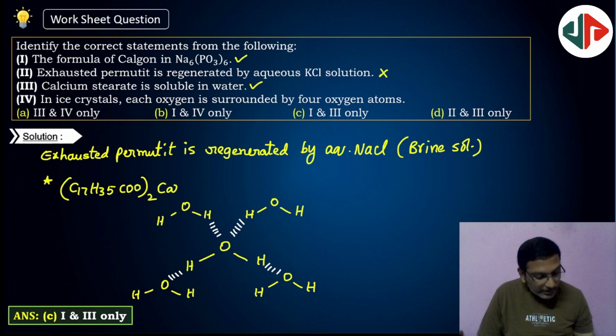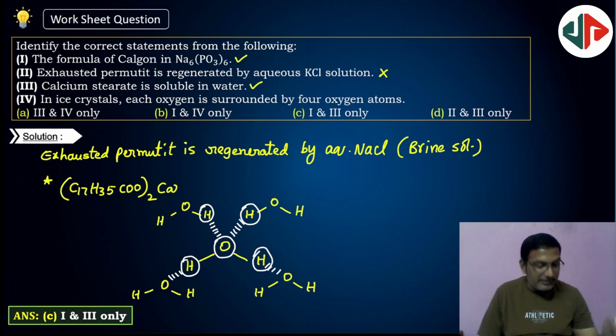See here, each oxygen is surrounded by 4 hydrogens, not 4 oxygens. Therefore, the last statement is also wrong. Therefore, 1 and 3 only, option C. Each oxygen is surrounded by only 4 hydrogen atoms, not 4 oxygens.